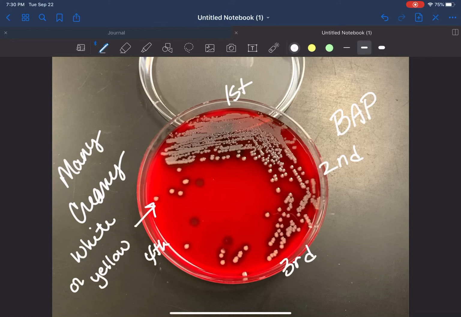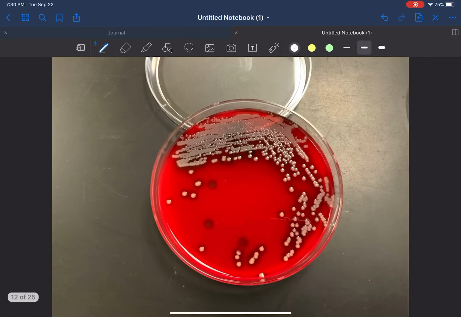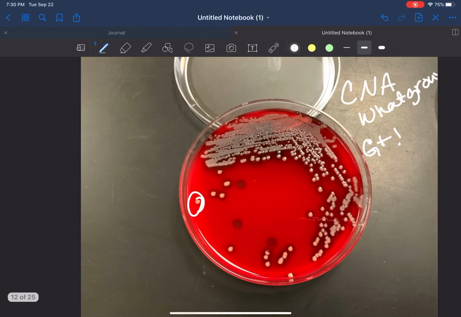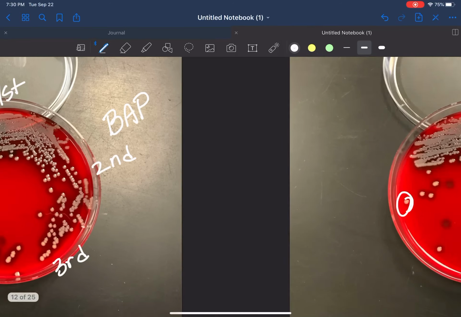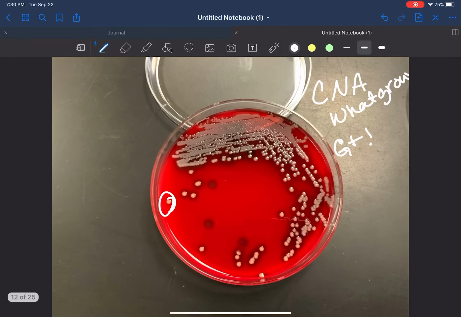So the next thing we look at is our CNA. This is the CNA plate. And what grows on CNA? Gram positive. So we can look at these colonies and look back at our blood agar plate and see that this is the same thing.